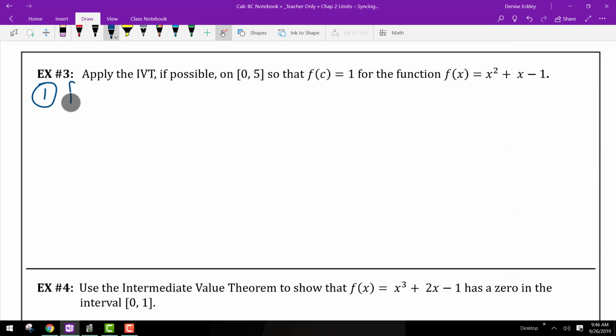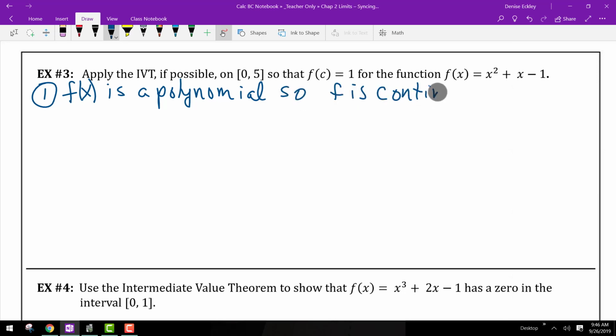So we can say that first, that f of x is a polynomial, so f is continuous on our interval, because polynomials are continuous everywhere.